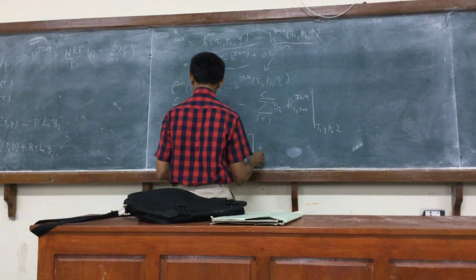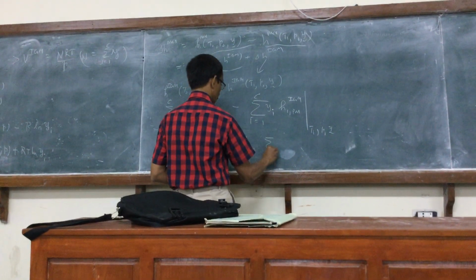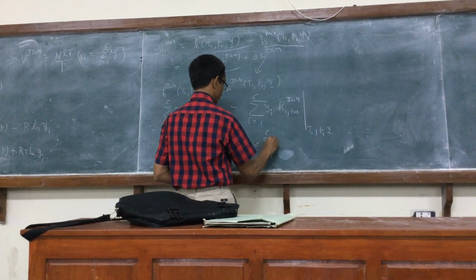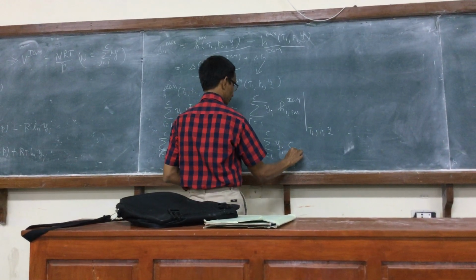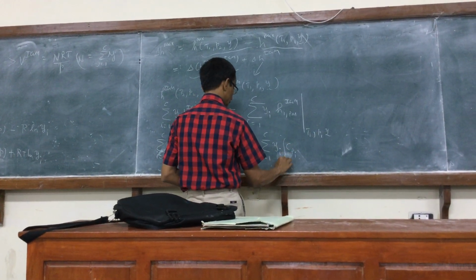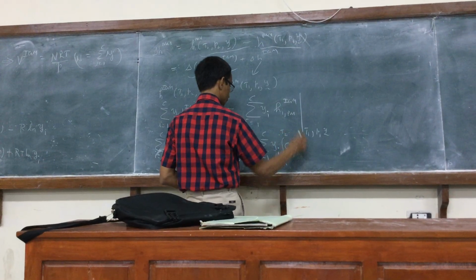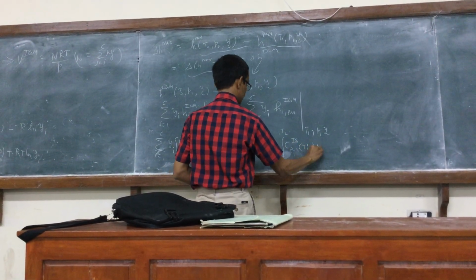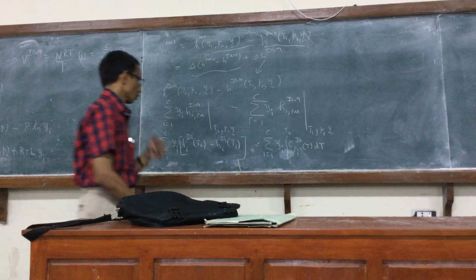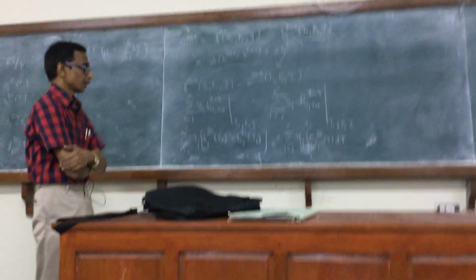So this can be easily written as the sum over i equal to 1 to C of y_i C_P,i, from T1 to T2.